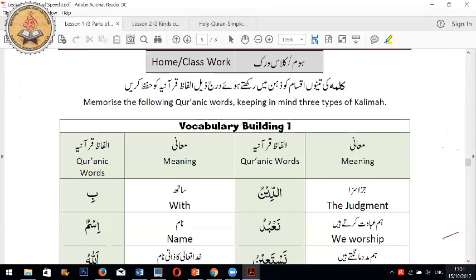I'll give you the last ruku, section number 6, verse number 81 to 100. Find out how Allah the Exalted has mentioned Suratul Fatiha, the 7 oft-repeated verses, and the context as well.